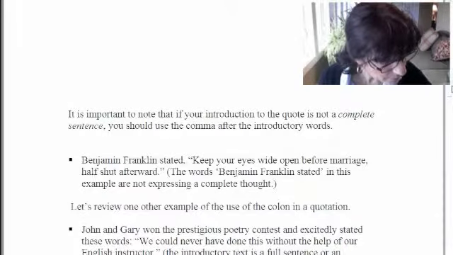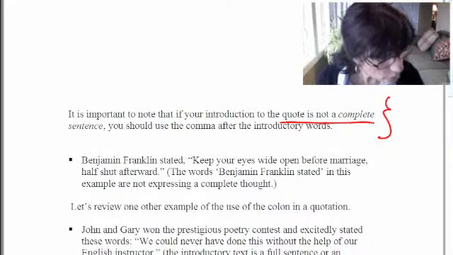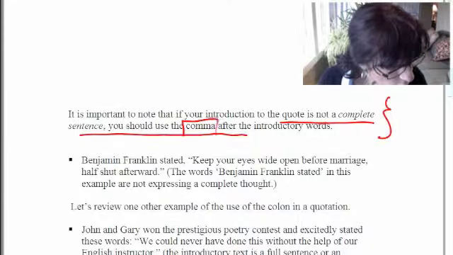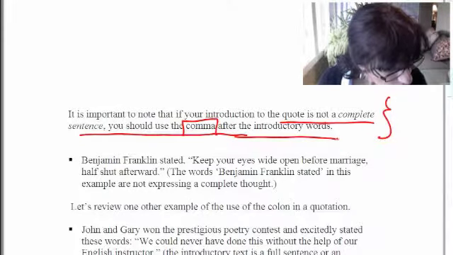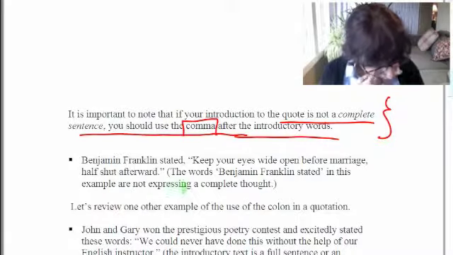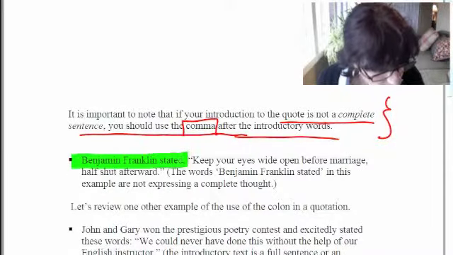But please take a look at this next example. And I wrote that it is important to note that if your introduction to the quote is not a complete sentence, then you would use a comma. You do not use the colon. So let's look at this second example. Benjamin Franklin stated. Now that is not a sentence.